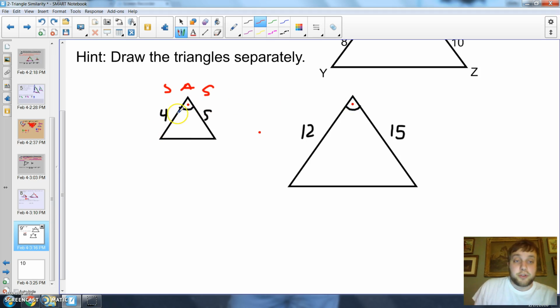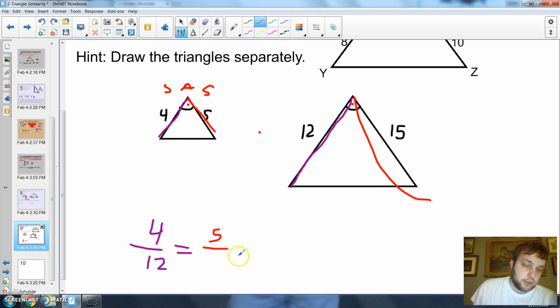Are the sides proportional? Let's take the short side, which is 4, with the short side over here, which is 12. So 4/12. I've got one minute. And then I'm going to take the longer side, which is 5. Is this equal to 15? Oh my goodness, I'm not going to erase it.